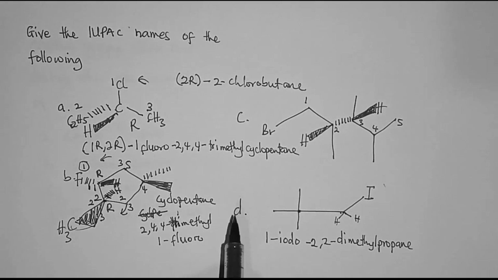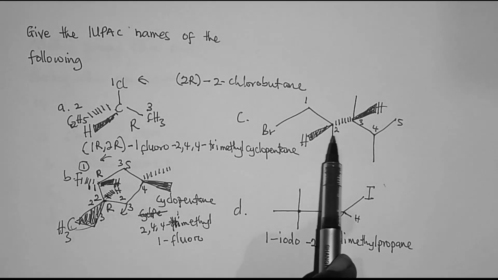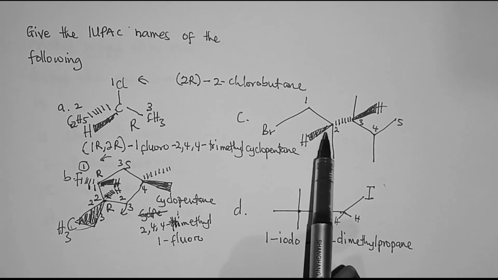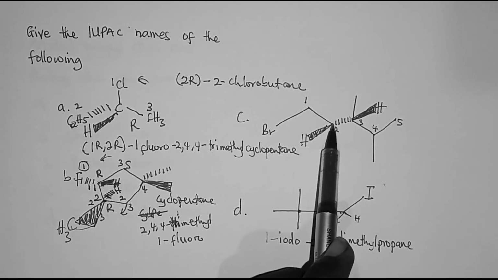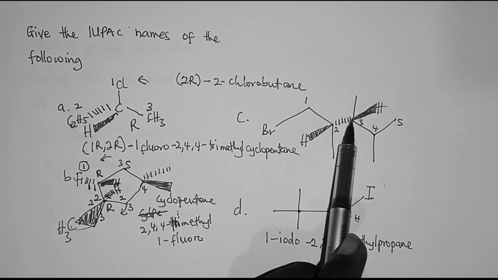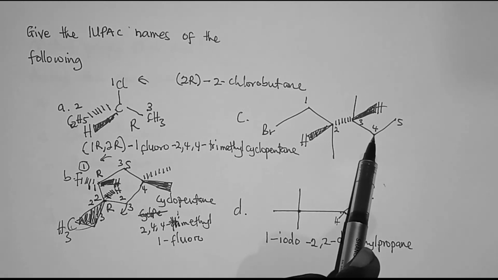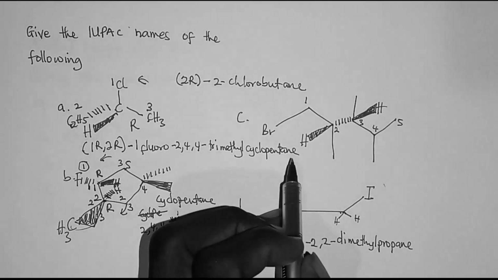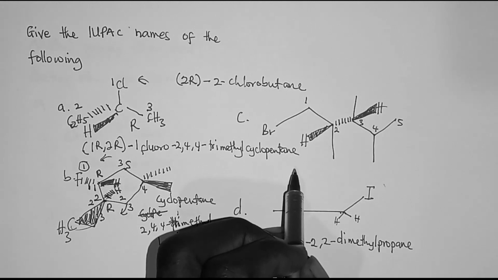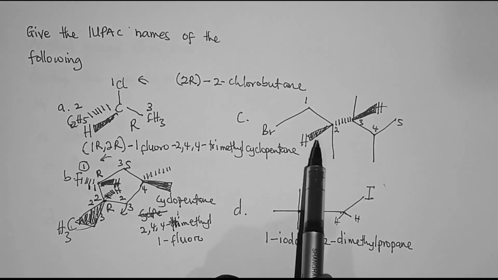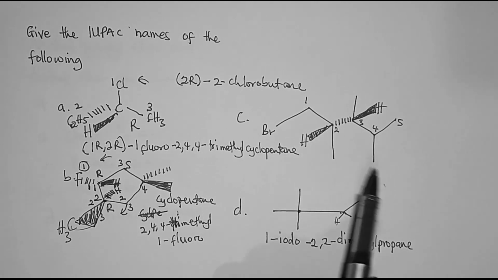Then we have bromine on carbon number 1. Then we have 3 methyls. One is on carbon number 2, the other is on carbon number 3, and then the last one is on carbon number 4. But let's see if there are chiral centers here.